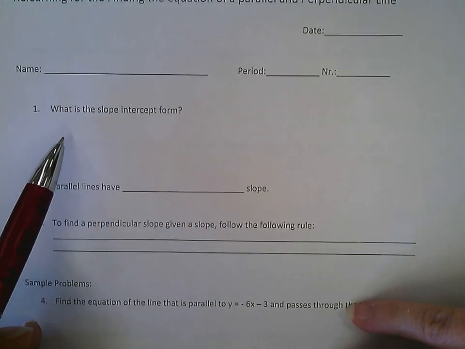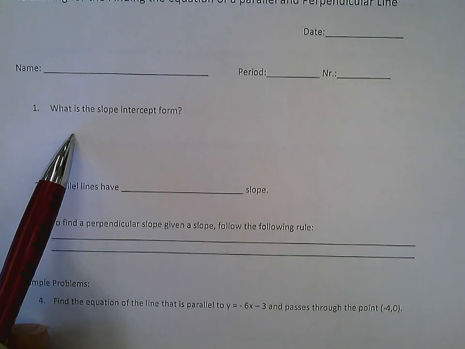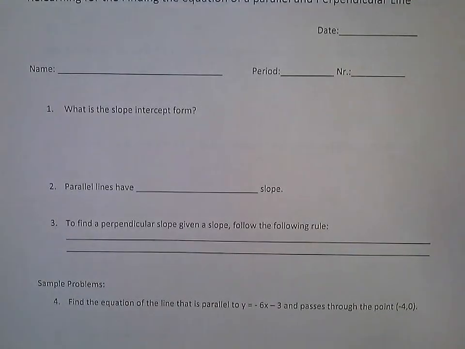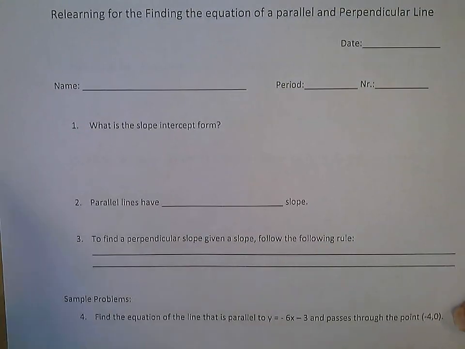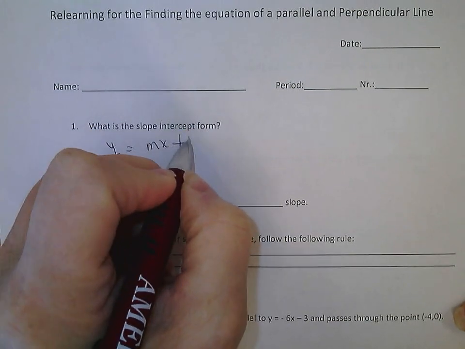We're going to be using for this relearning a lot the slope-intercept form, which is y equals mx plus b.